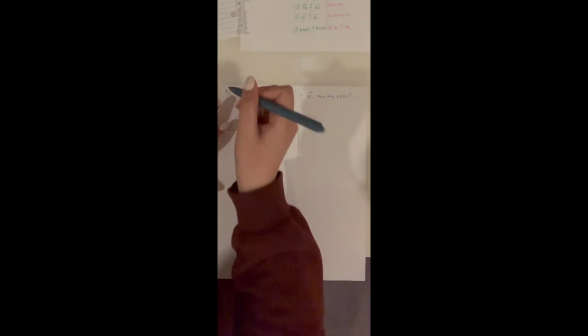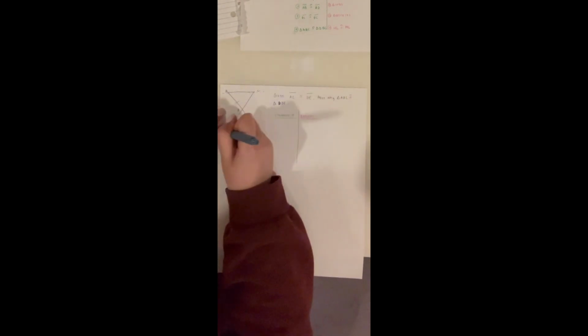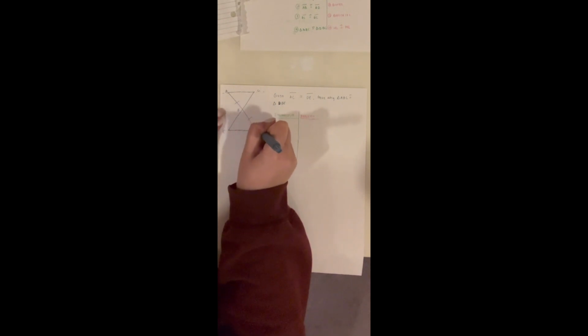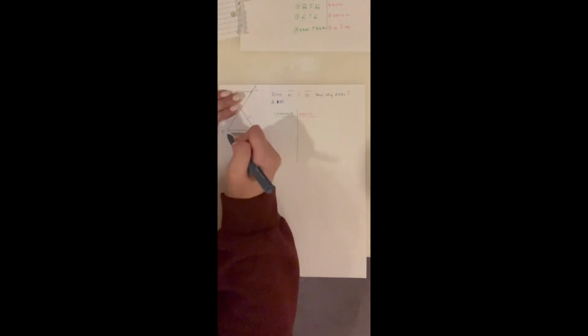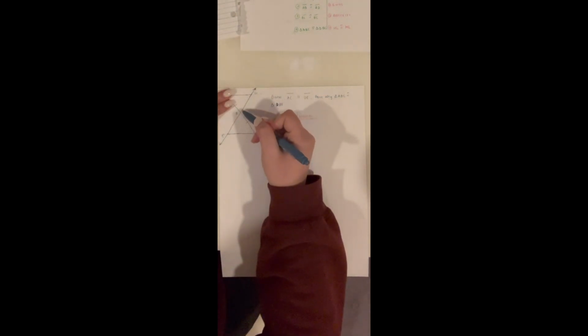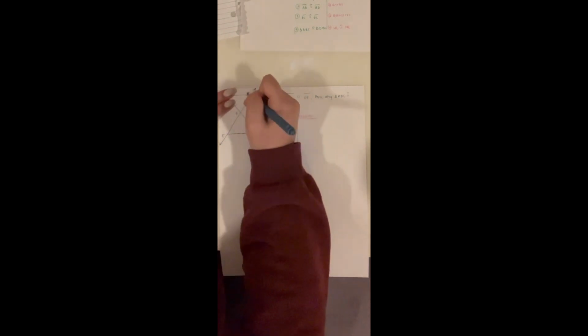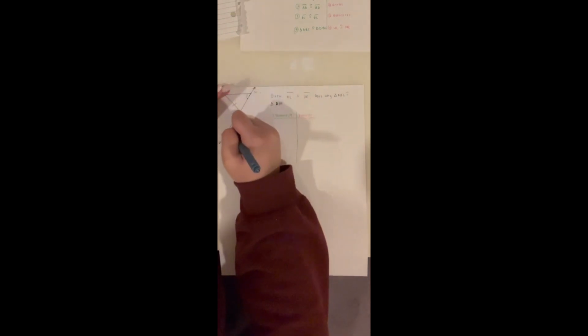If we know that AC is parallel to DE, and this is the line that intersects, we talked about earlier how the alternate angles of parallel lines intersected by a line are congruent.